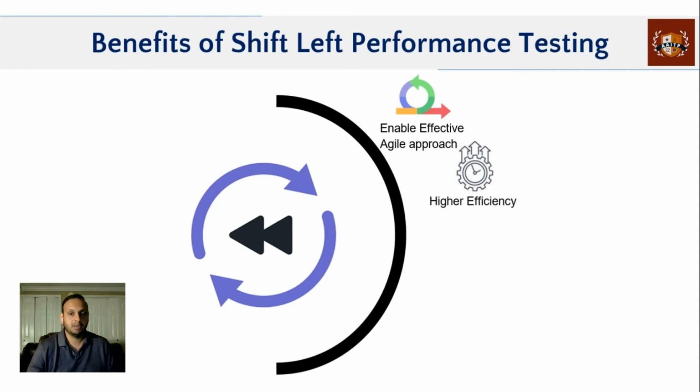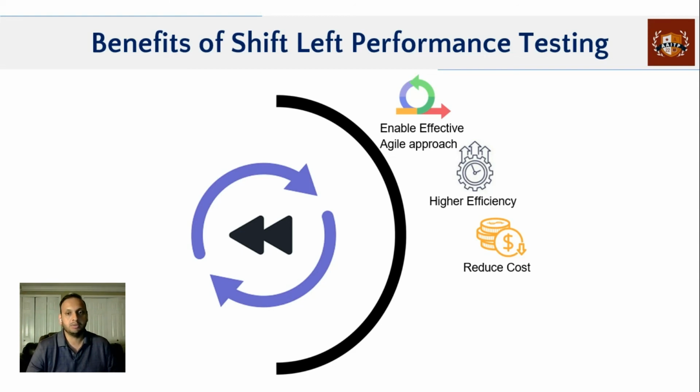The efficiency of your product will go up and your time will be used much more wisely. That's the second advantage. And reduced costs. So it translates to the rework, which is going to be reduced with the early performance fixes. So you really don't have to go to the end of the release and realize the performance is not optimal, and then you have to spend more time and effort to fix them, retest them, and release it.